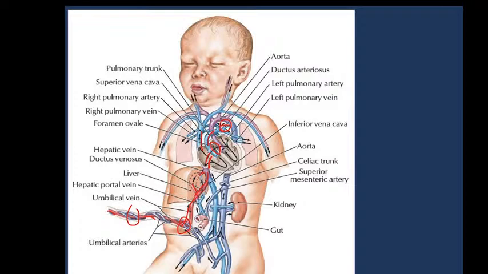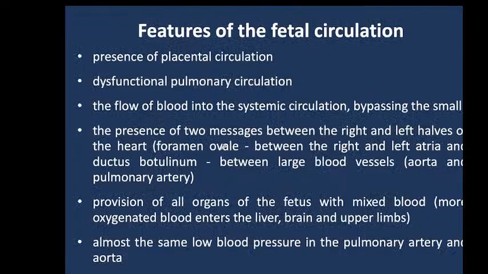So please remember that in fetal circulation there are two special openings in the heart, the oval window and the ductus arteriosus. They help to avoid blood coming into the pulmonary circuit. Here you see all the features of fetal circulation that I just described.